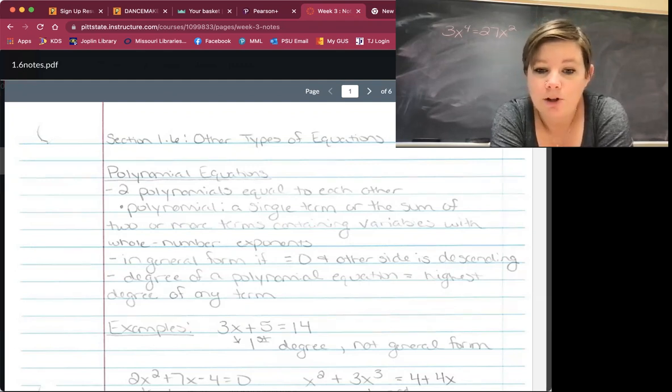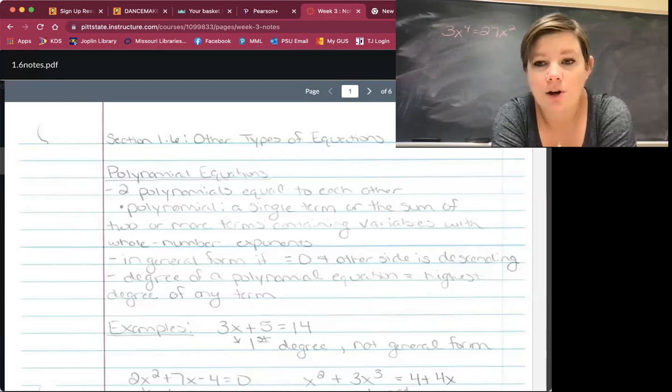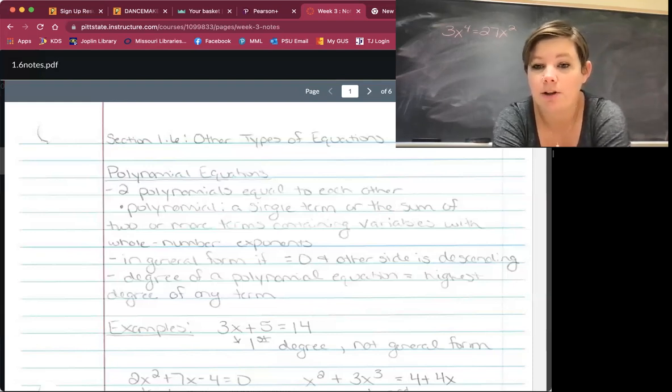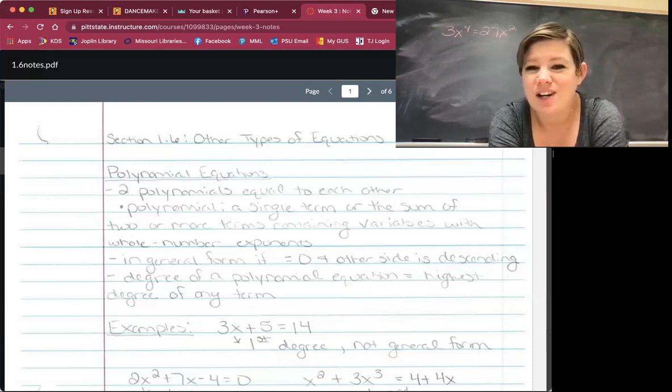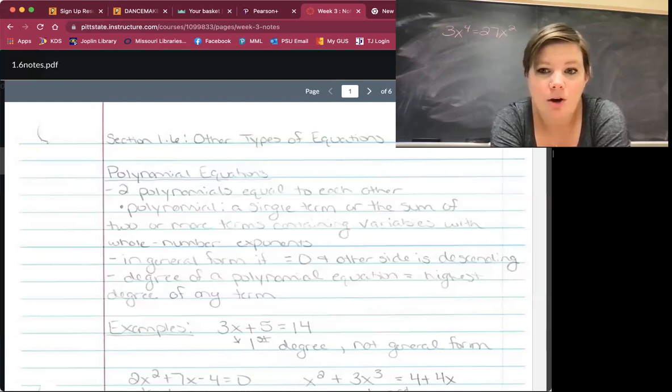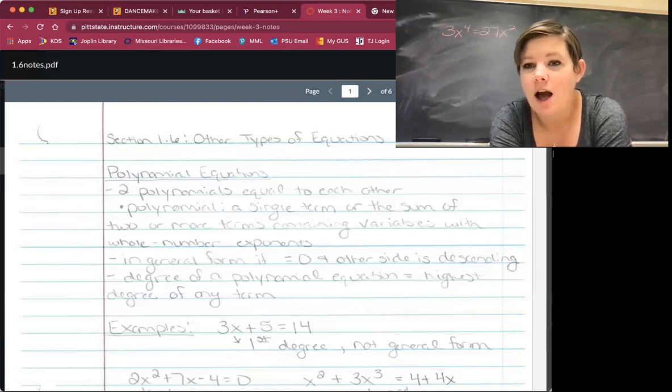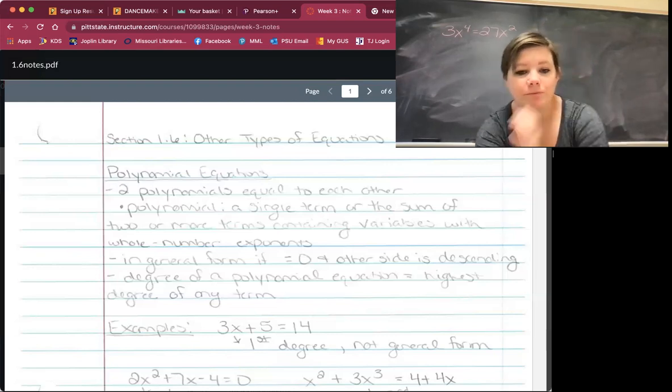The degree of a polynomial equation is simply the highest degree of any of its terms. So with our quadratic equations, all of them had an x squared, so they're all called second degree polynomials. It's not super important that you know the degrees of the polynomials. Like, that doesn't really come into play very much, except that it's nice to understand how you get that information.